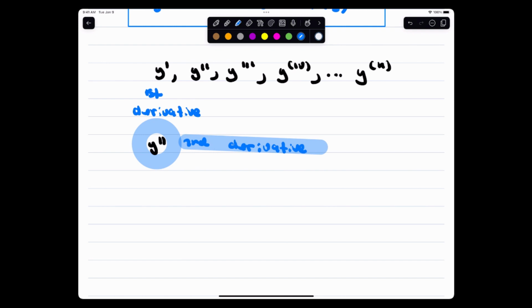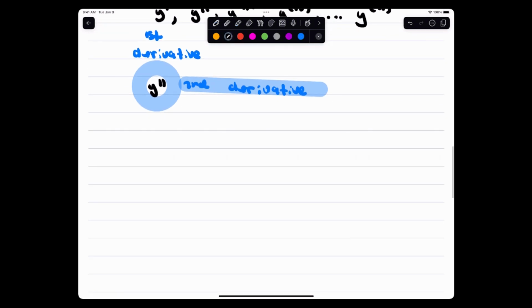Second derivative. So you might say, what's the definition of the second derivative? Okay. So y double prime is defined to be the derivative with respect to x of the first derivative.